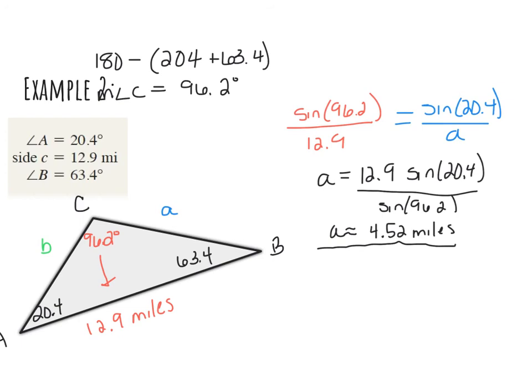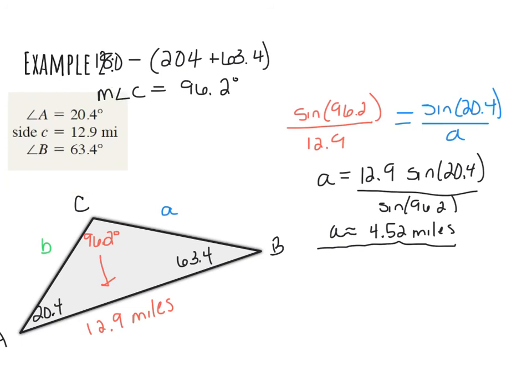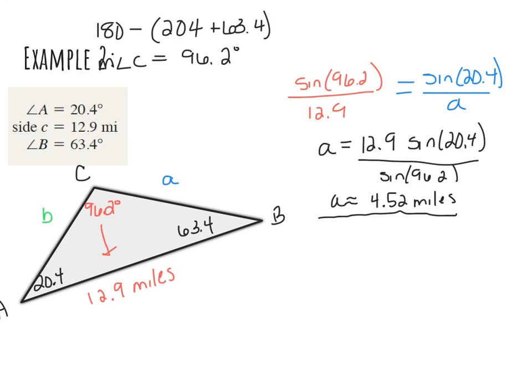Always going to start your ratios with that same fact that was initiated in the beginning of the question. So the left side is always going to look the same for law of sines. So sine of 96.2 is to 12.9.